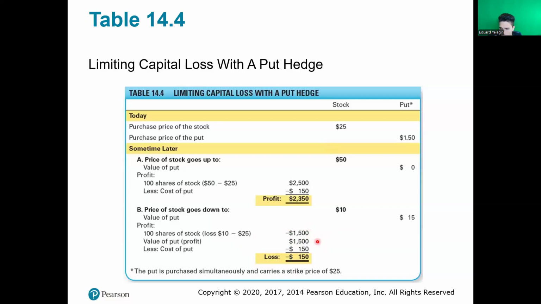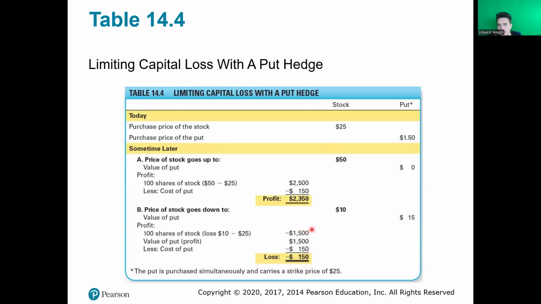So essentially, we sell the stocks for $2,500 and then pay for the option contract. So our loss will be $150, the amount we actually invested in the option contract.